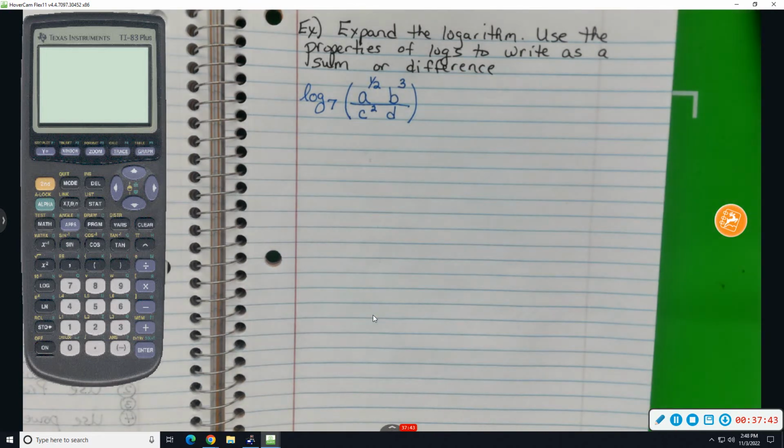So we're going to expand this logarithm. By that I mean we're going to write it as a lot of just small logarithms rather than all that big messy stuff after the logarithm.